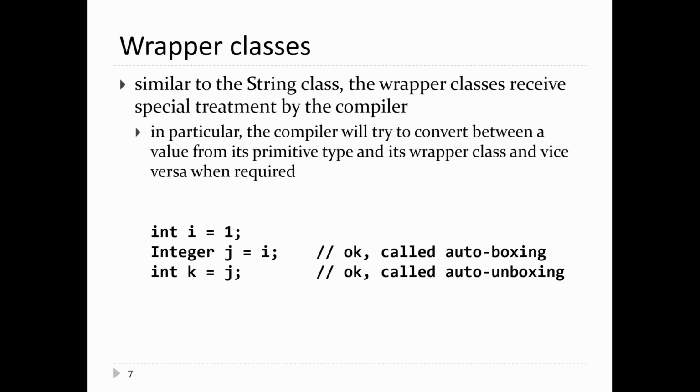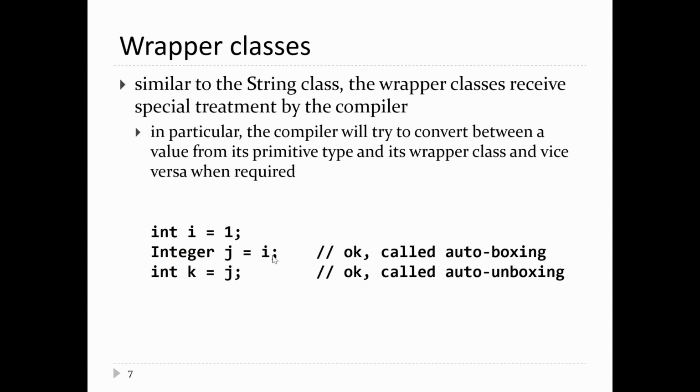So they tried to make it as easy as possible to use. The wrapper classes get special treatment by the compiler, and the compiler will try to convert back and forth between a wrapper type and its corresponding primitive type automatically. So here I've got int i, and its value is 1. Now here I've got an Integer object, j.